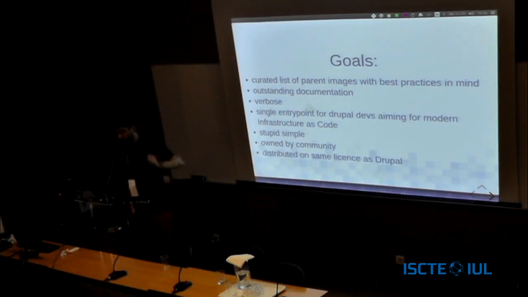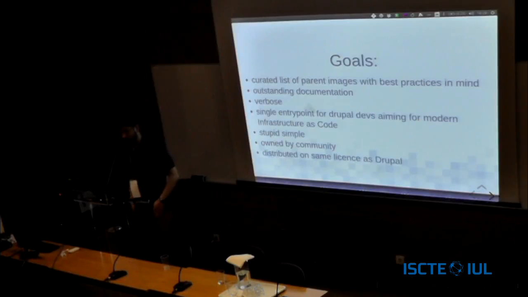Our goal is to provide the curated list of parent images with these best practices I just mentioned in mind. We can make outstanding documentation about how to use it, how to customize it, how to do things better, and make it in a very verbose way.